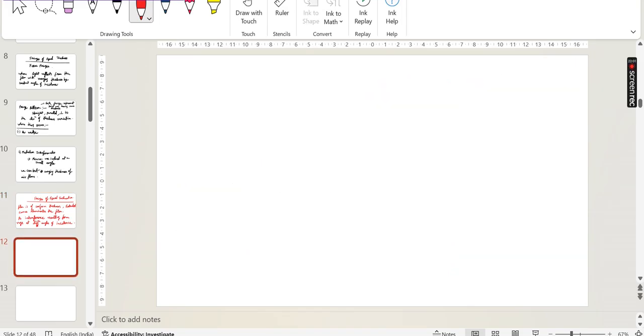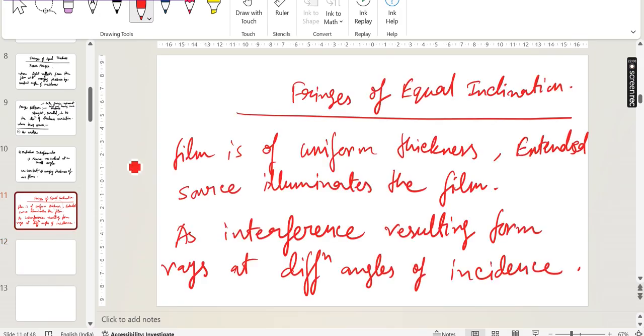So this is the reason for fringes of equal inclination, and these fringes are also called Haidinger fringes.